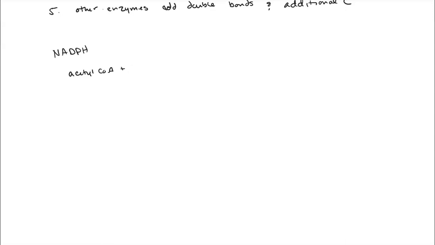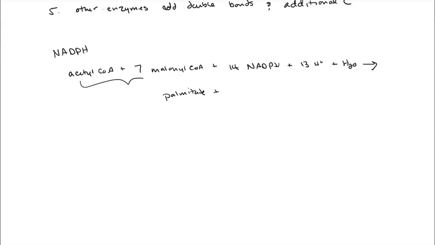If you have an acetyl-CoA and 7 malonyl-CoA, which will be formed from acetyl-CoA, plus 14 NADPH, plus 13 protons and a water, this will yield 1 palmitate from bringing together the acetyl-CoA and the 7 decarboxylated malonyl-CoAs, 7 bicarbonates, 8 coenzyme A's in the reduced form, and 14 NADP+.